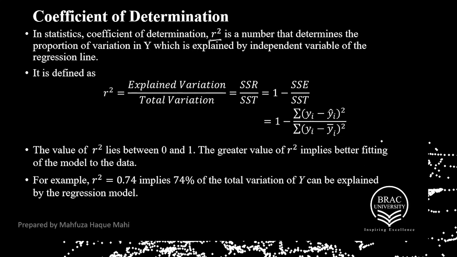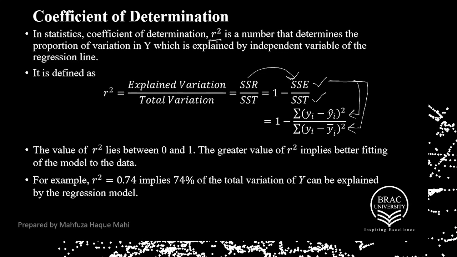And we know that SST equals SSR plus SSE. Using this relationship, we can also write it as 1 minus SSE divided by SST. So the value of r square lies between 0 and 1.